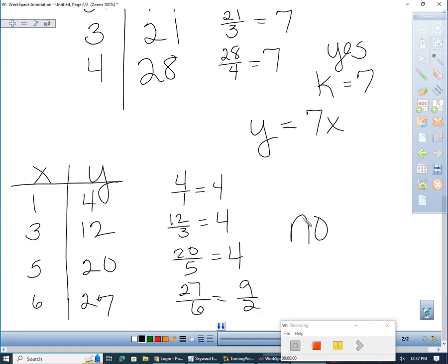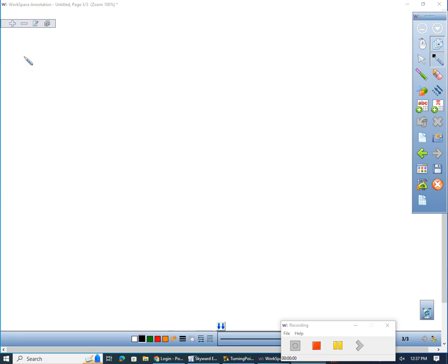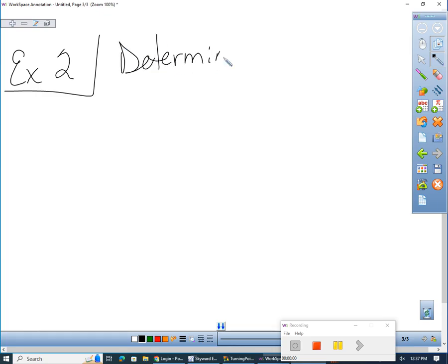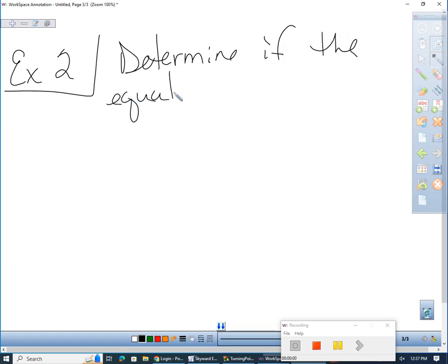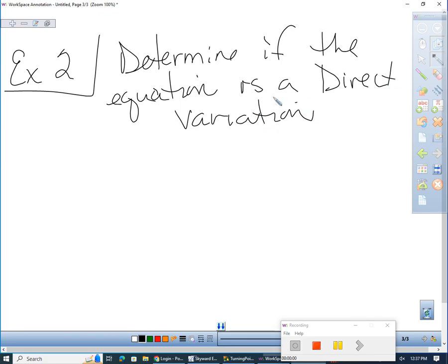Example number 2. Determine if the equation is a direct variation. If so, state k.